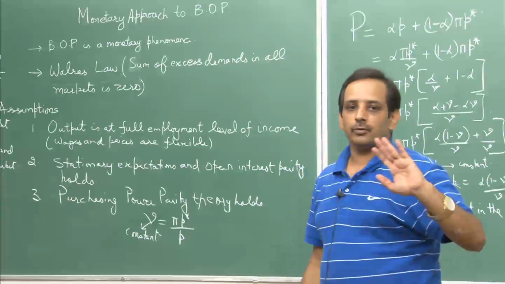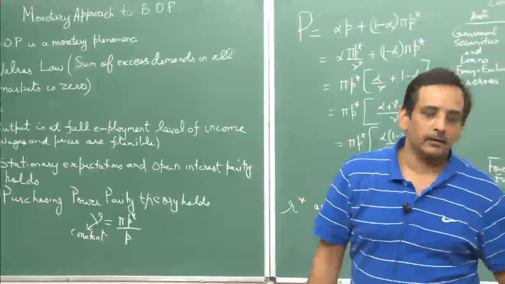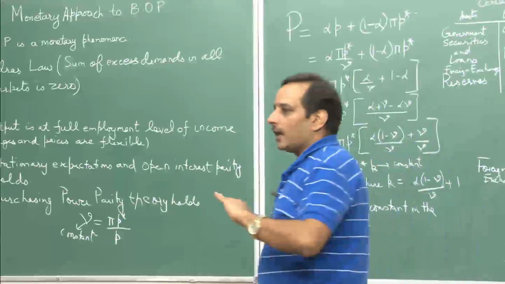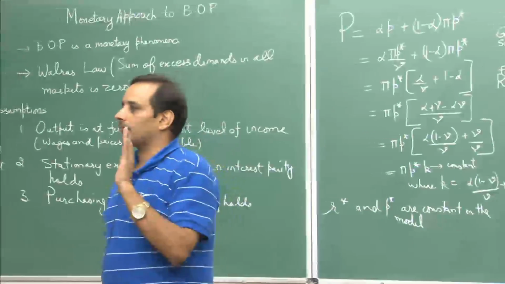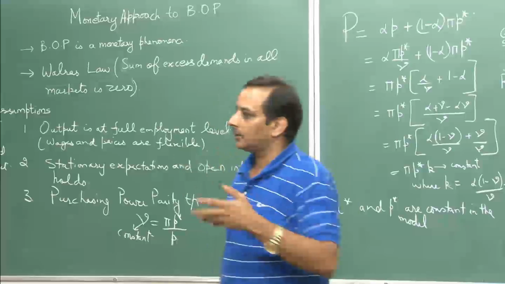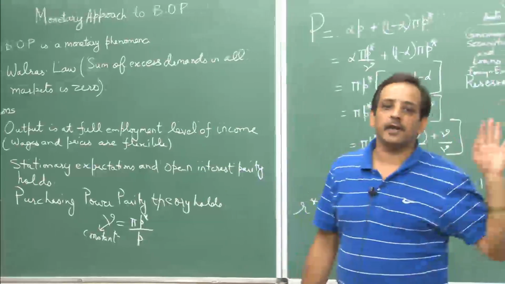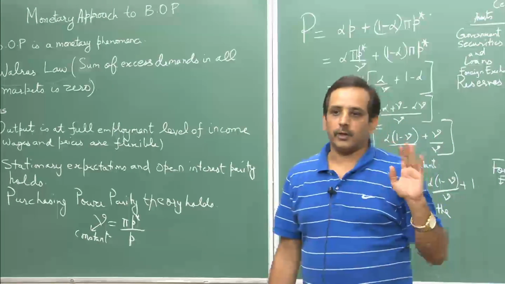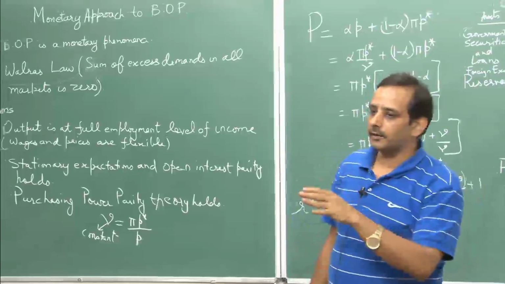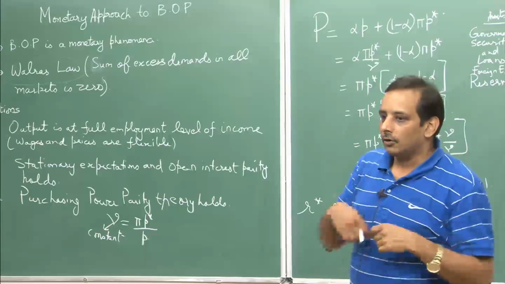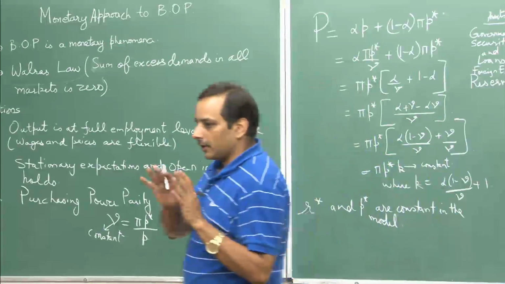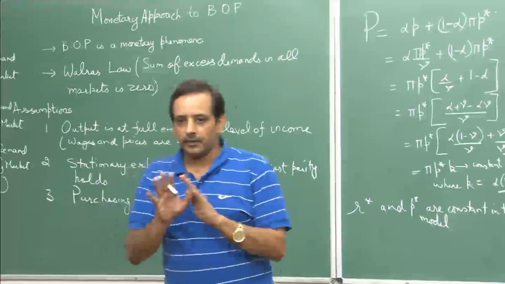That was a time when you didn't have any central bank. That was a time when you didn't have inflation. I am talking of 1870 to 1914. So the assumption was that everything would be smooth.